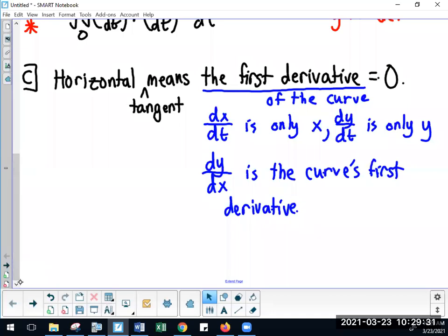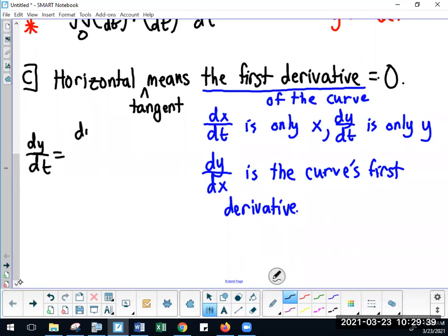Fortunately, I remembered, just like you should remember, dy dx in the parametric fashion is dy dt divided by dx dt. Now I'm going to show you something that's not part of the problem, but may help you understand a little bit of what's going on here.